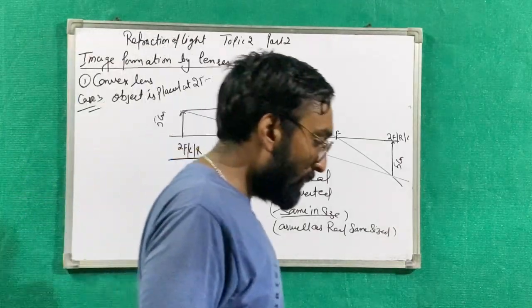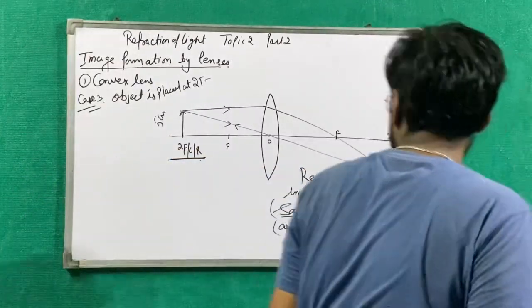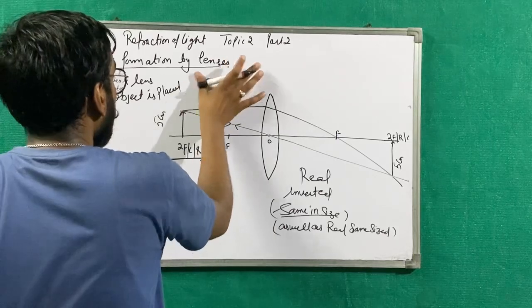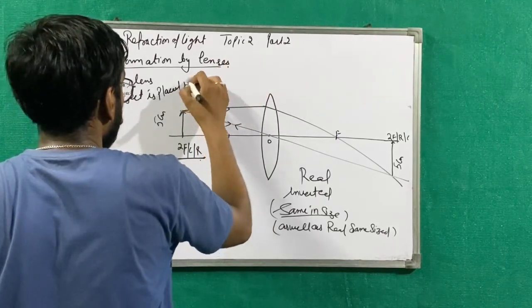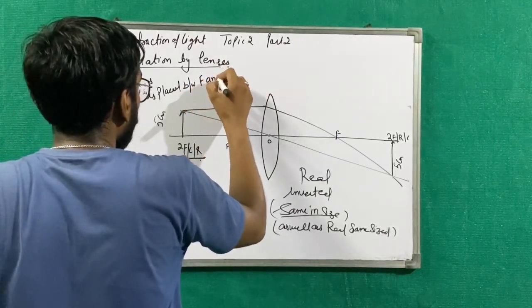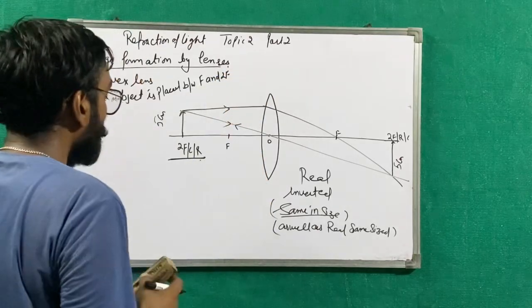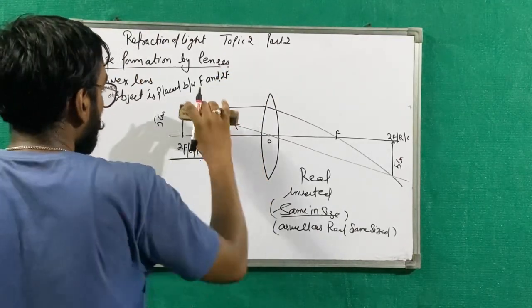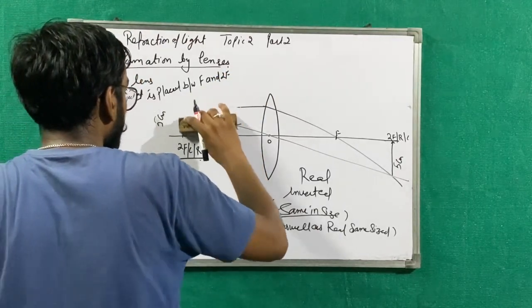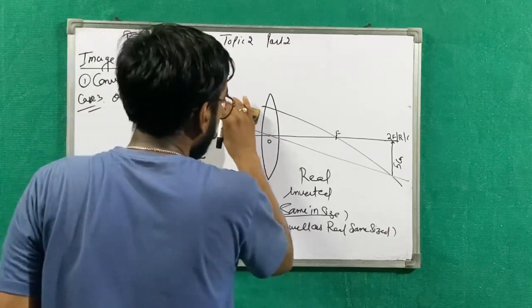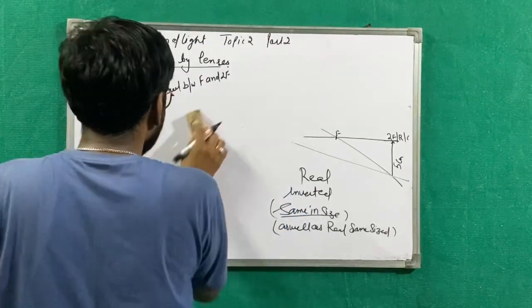So the next case is when the object is placed between f and 2f. So f and 2f case. Here we are going to have a new diagram.